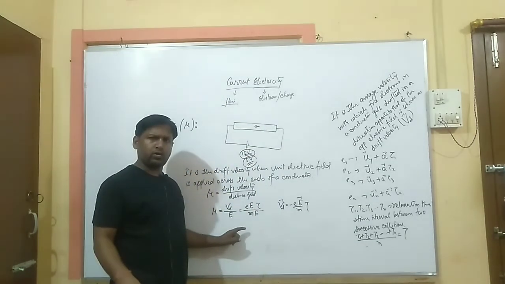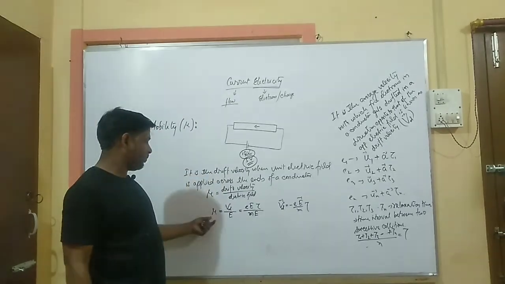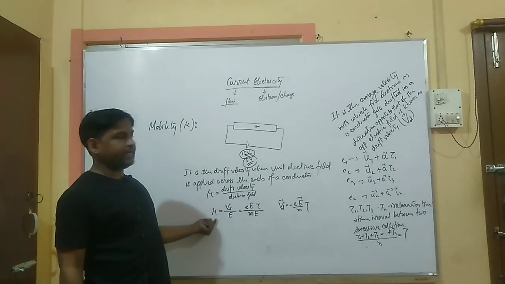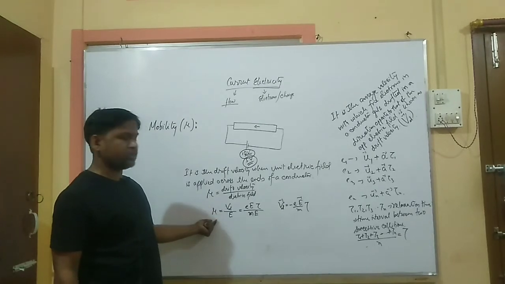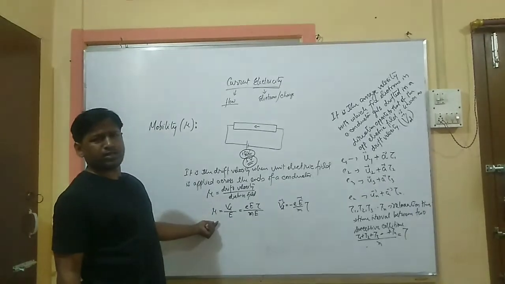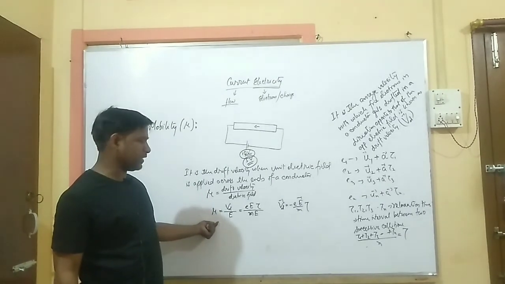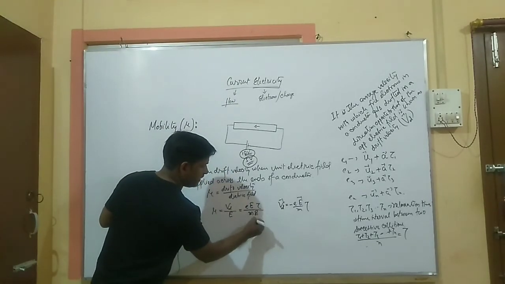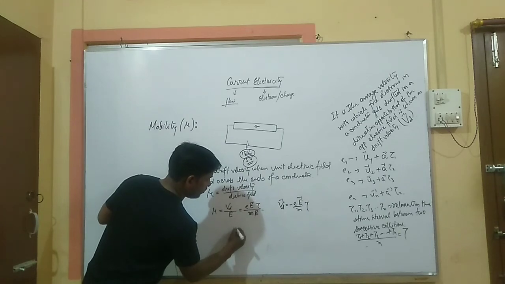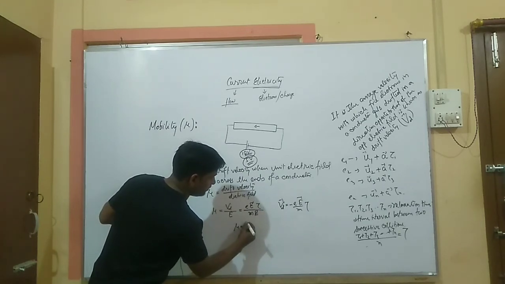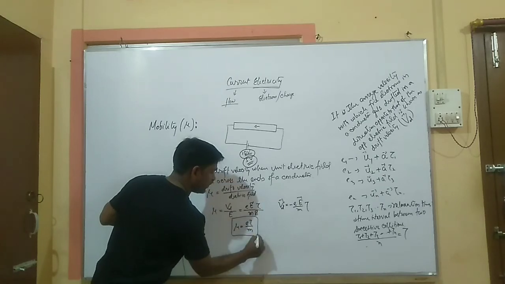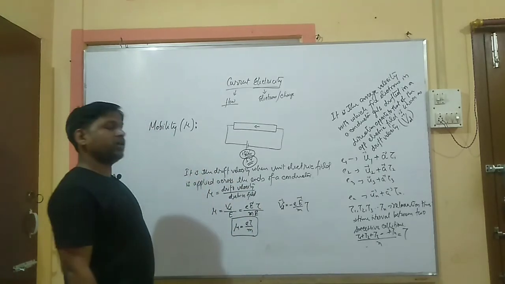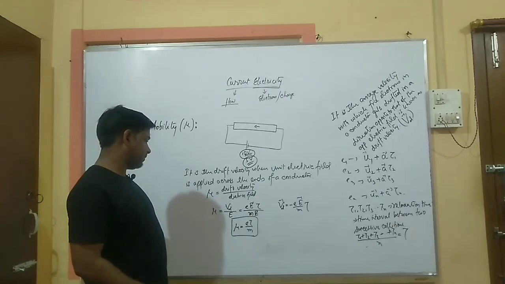You may use it or skip it, because mu is a scalar, just a number. So from this equation, E cancels out, and we are left with mu equals e tau by m. This is the mathematical form of mobility.